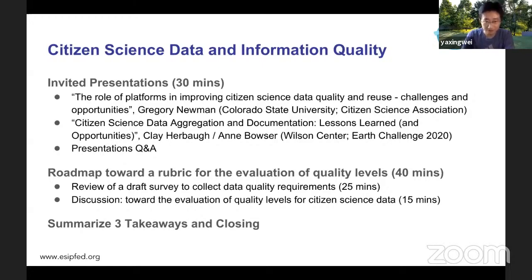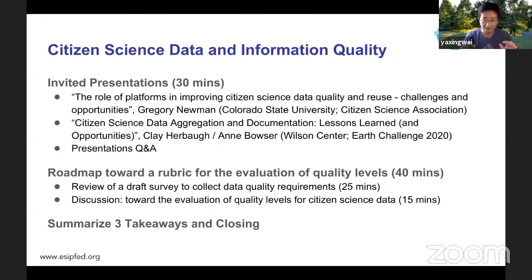First, we have two invited presentations, and each presentation will be 10 minutes. And then after we finish both presentations, we will have another 10 minutes to address questions for both speakers.